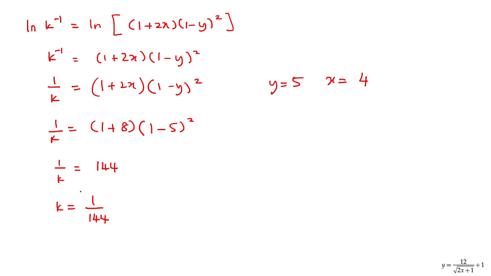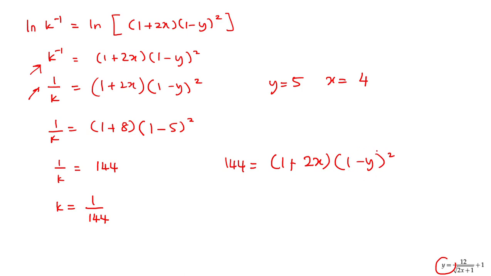So what we're going to do with this k, 144, you can substitute over here and then put y as the subject, because the final answer here uses y as the subject. Okay, now so k equal to 1 over 144, so 1 over k is 144. Here it's the easiest. 1 over k is 144, so 144 equal to 1 plus 2x times 1 minus y squared.